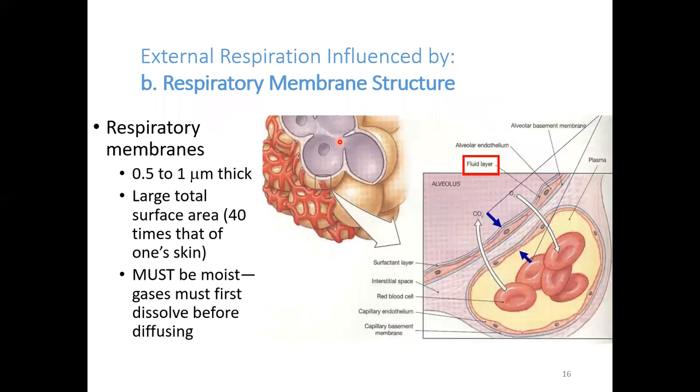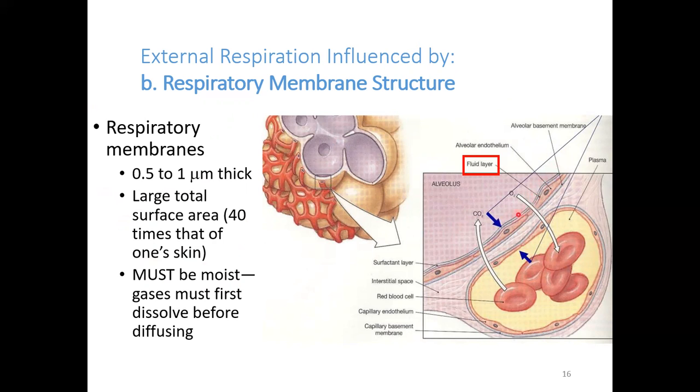Just to emphasize this point a little bit more, respiratory membranes have to be super thin. The total surface area of our respiratory membrane, so alveoli, alveolar ducts, as well as respiratory bronchioles, is 40 times that of our skin. So very, very high surface area, and there must be this layer of moisture.